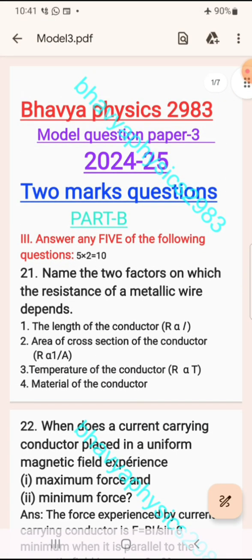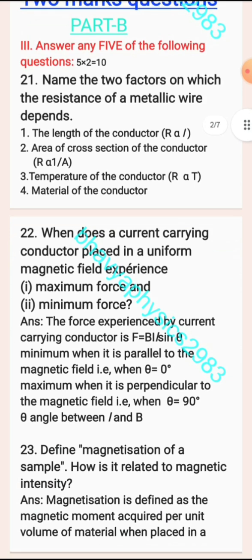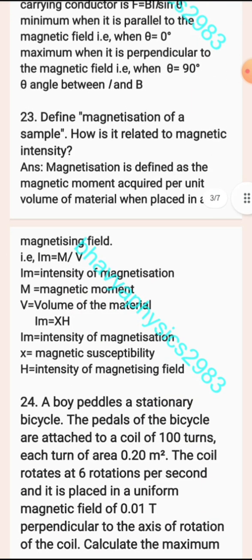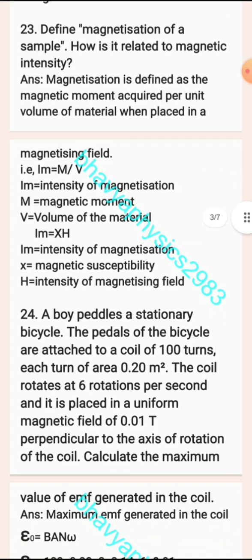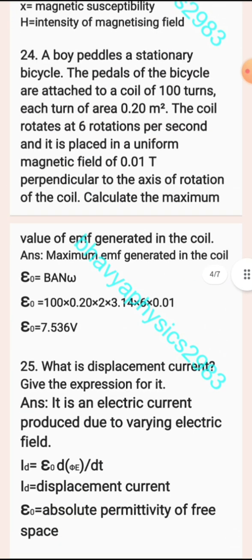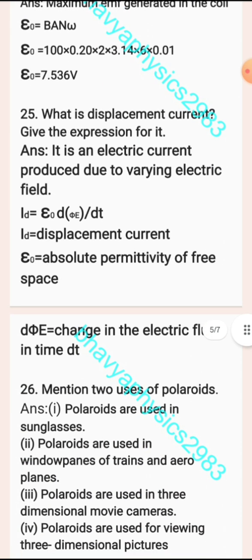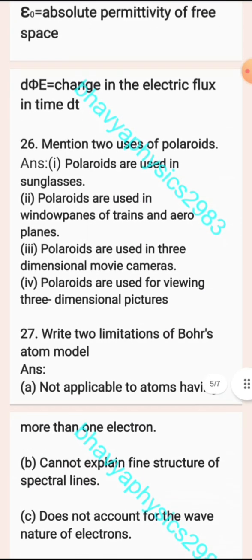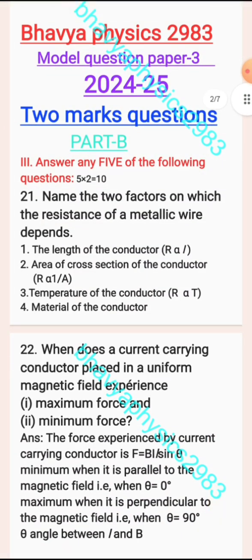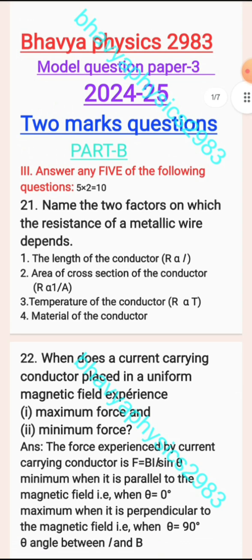Sometimes they may ask you to write 2 factors on which something depends, or 2 limitations, or state and explain, or when something is maximum or minimum, or define something, or write the expression and explain the symbols used, or you may write some formula, substitute and write the answer, that type of problems, or mention the expressions, or uses. This type of problem you can expect in 2 marks, and try to answer all the 5 questions out of 8 questions. You need to answer 5 questions to get 10 marks.